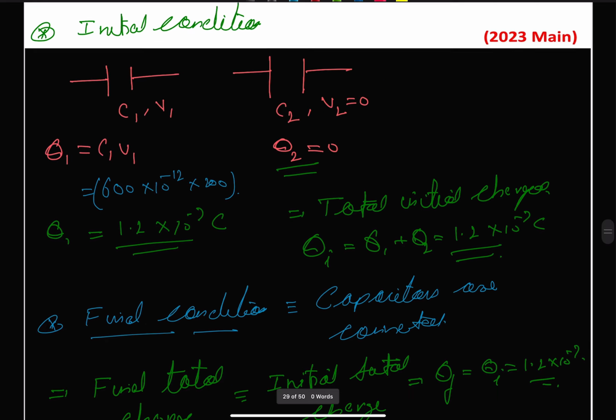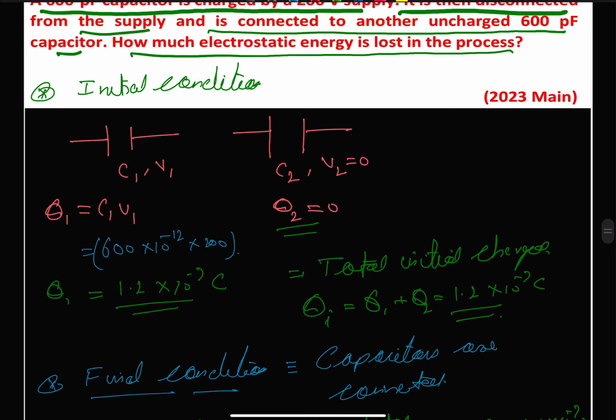And we are interested in energy lost. So let us find out initial energy also. We can say initial energy, and this initial energy will be only dependent upon C1 because this is only having the charge stored. So we can say our U initial will be equal to half C1 V1 square.